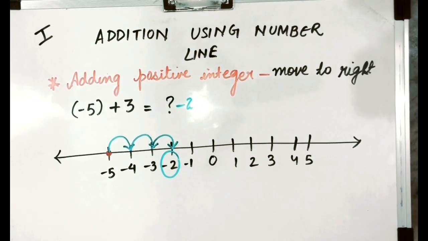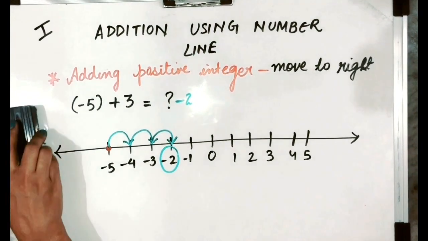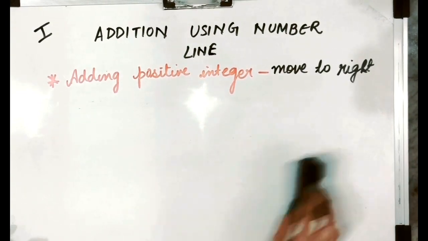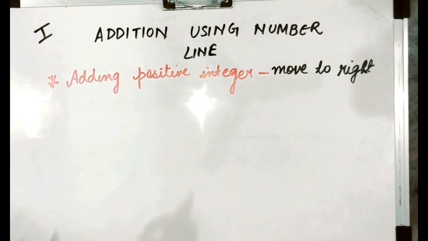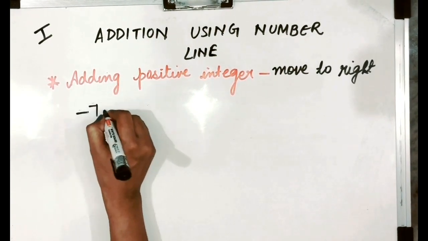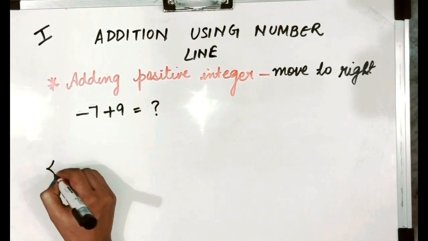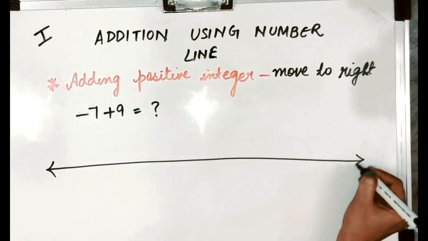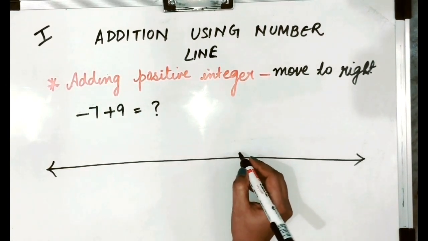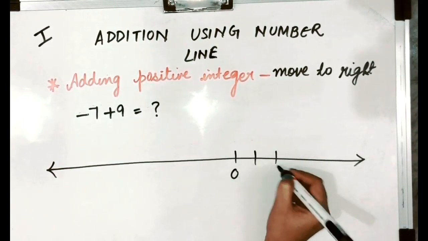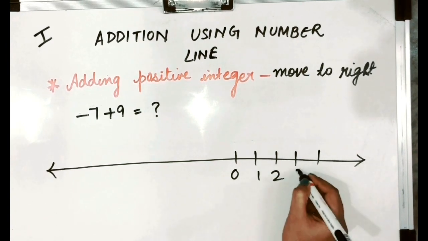Same way, we'll take one more example. The question is minus 7 plus 9. Again, we'll make a number line. One, 2, 3, 4.